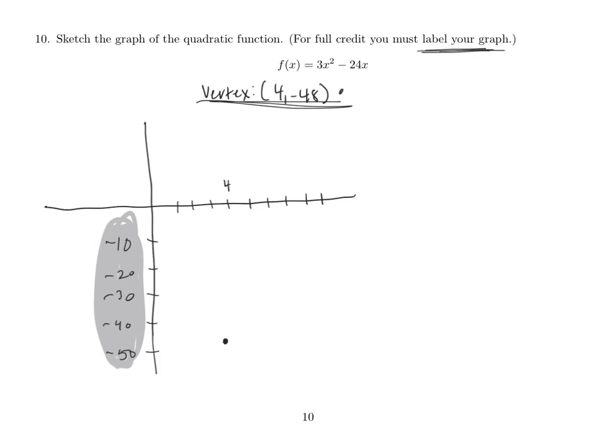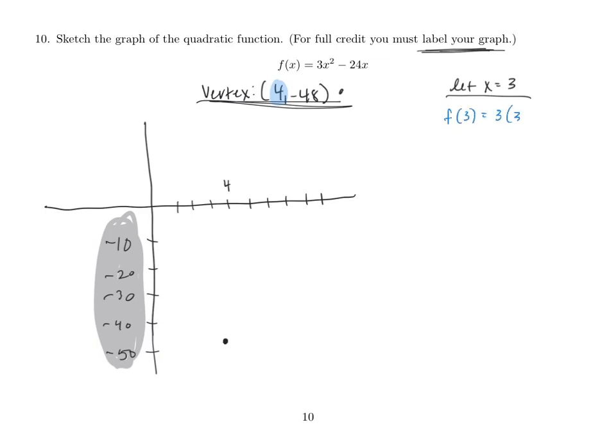So what I would do is I would just let x equal 3. The reason I'm picking 3 is because I'm picking a number close to this x value. So this x value is 4, so I'm picking a 3. If the x value is 25, I would pick 24. So I'm going to pick a number that's close to that, and then I'm just going to plug that in. So I'm going to find out what is f of 3.